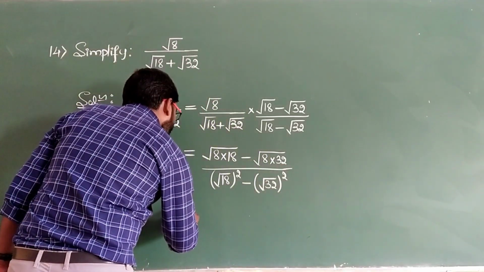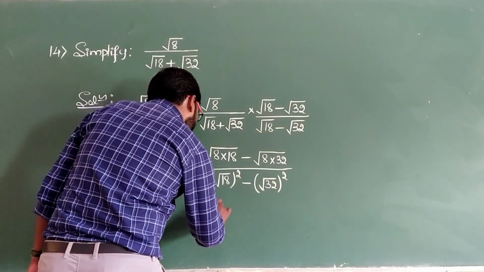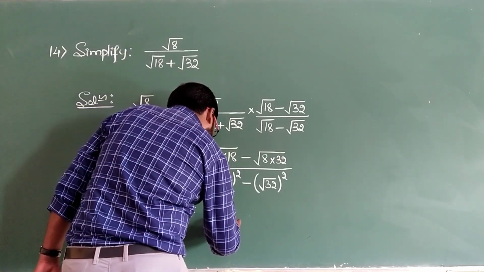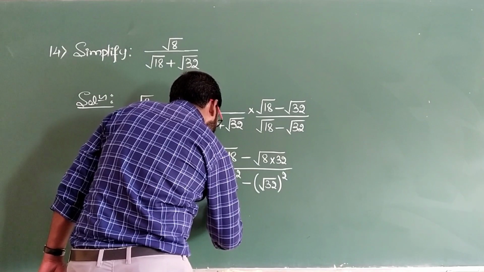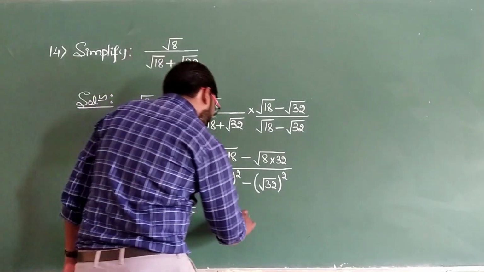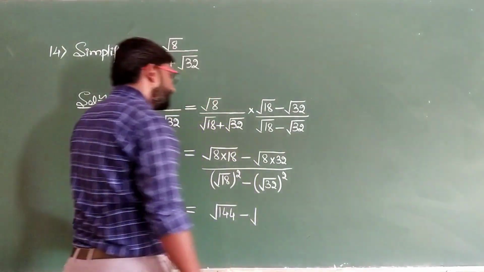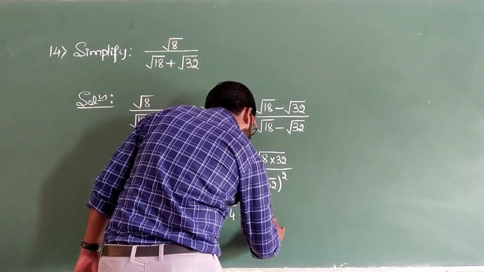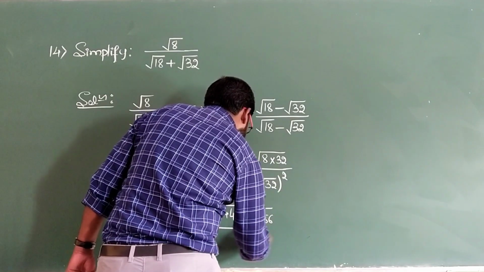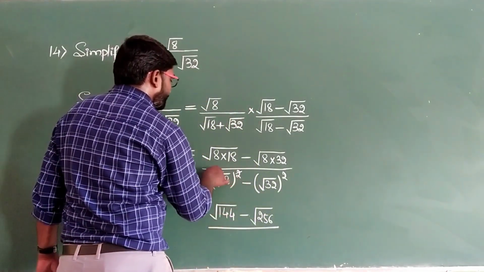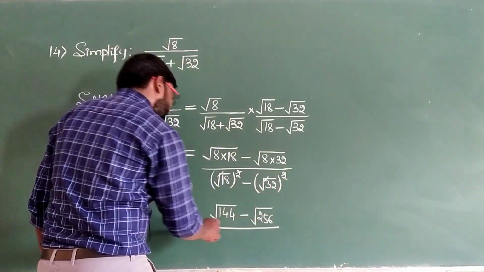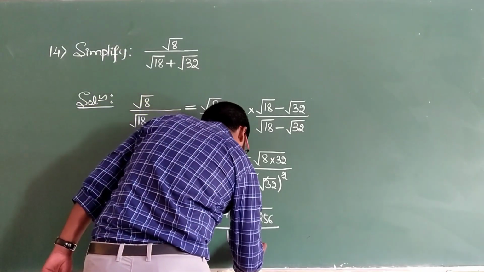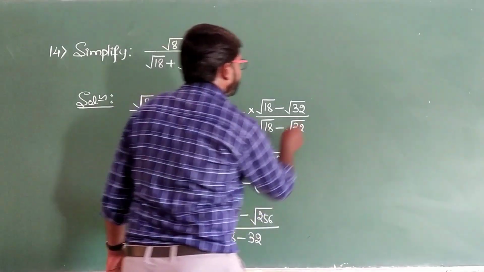So now in the next step, it is square root of 8 into 18, it is 144, minus square root of, so 8 into 32 can be written as 256, divided by, so here square and root get cancelled. We have 18 minus 32.